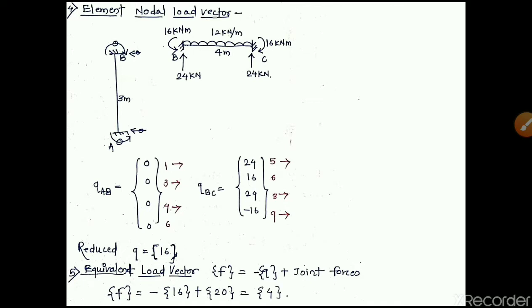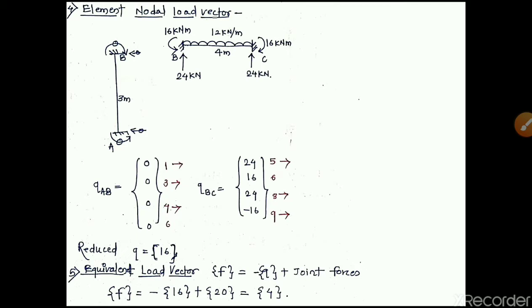Member BC is loaded with UDL 12 kN per meter. Calculate the fixed end moments WL square upon 12: at B 16 kN meter anti-clockwise, at C minus 16 kN meter, that is clockwise. Then calculate the reactions using the equations of equilibrium. The reactions are 24 kilonewton at B and 24 kilonewton at C.